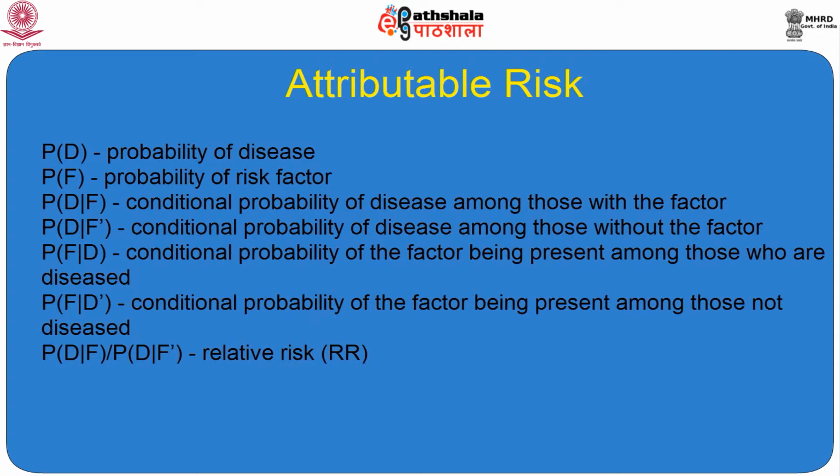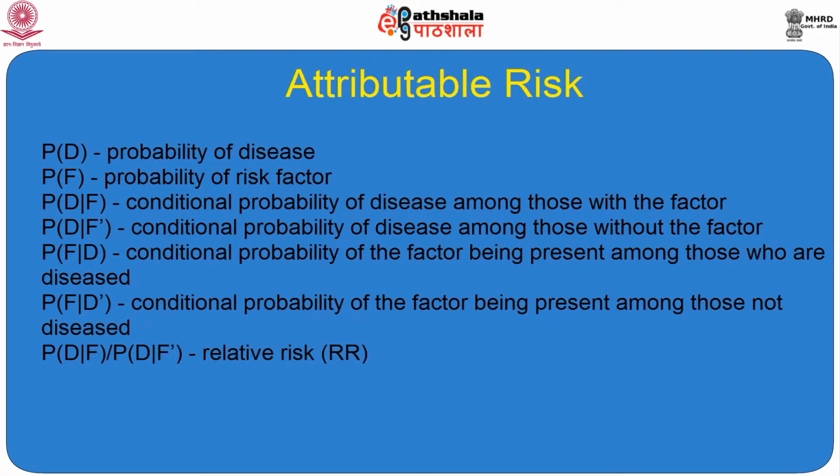Probability of F given D is the conditional probability of the factor being present among those who have the disease, and probability of F given D complement is the conditional probability of the factor being present among those without the disease.